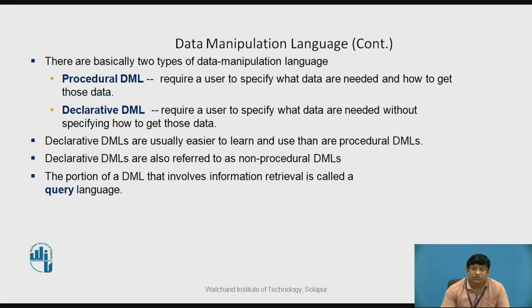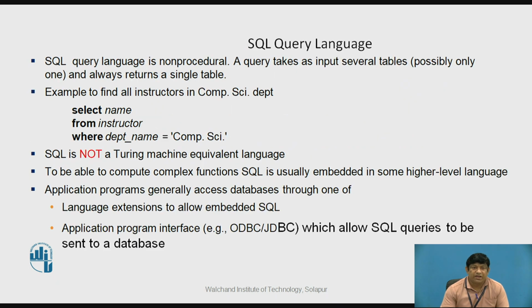Declarative DMLs are usually easier to learn and use than procedural DMLs. Declarative DMLs are also referred to as non-procedural DMLs. The portion of a DML that involves information retrieval is called a query language. SQL query language is non-procedural.